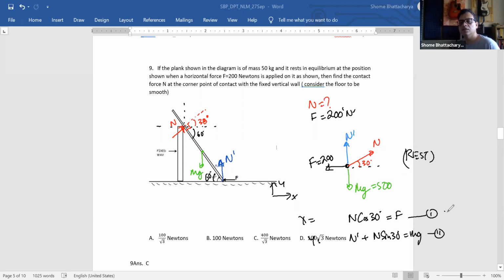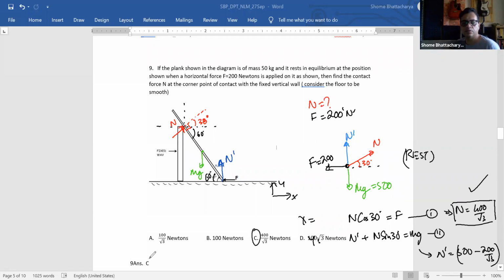So this will tell us that our N is 400 by root 3, and if required, this would have told us that our N prime is 500 minus 200 by root 3 or something like this. But this is what we required. So that's why option C is the correct option.